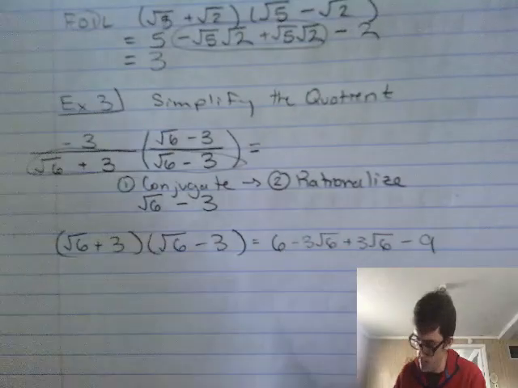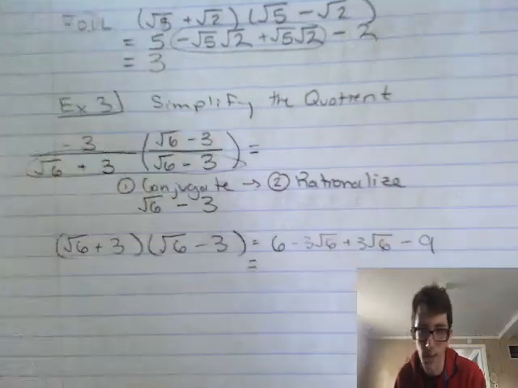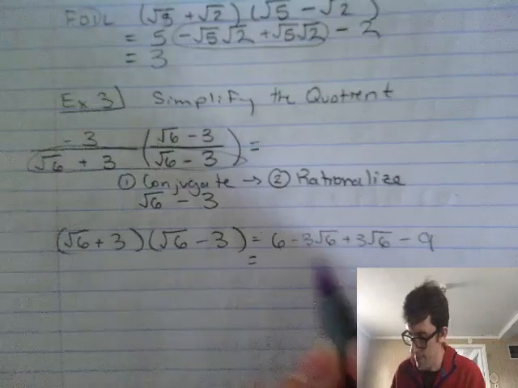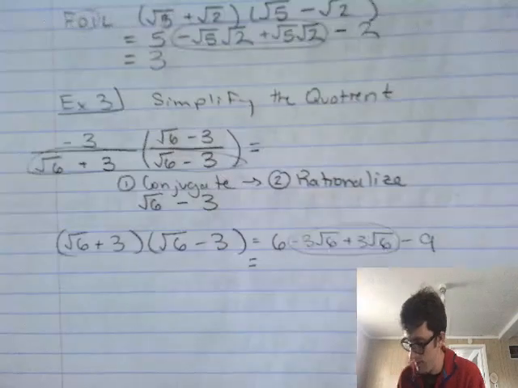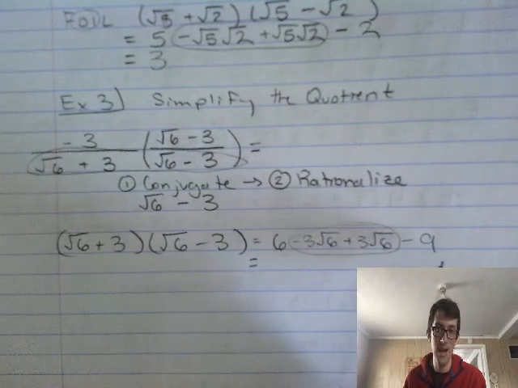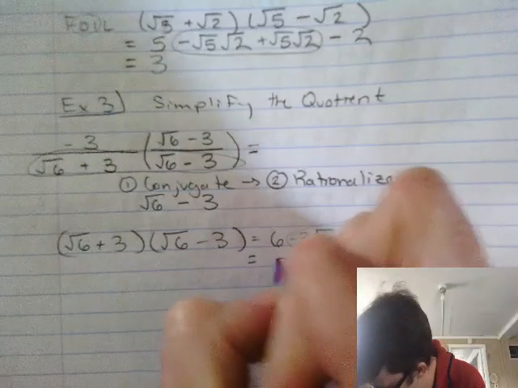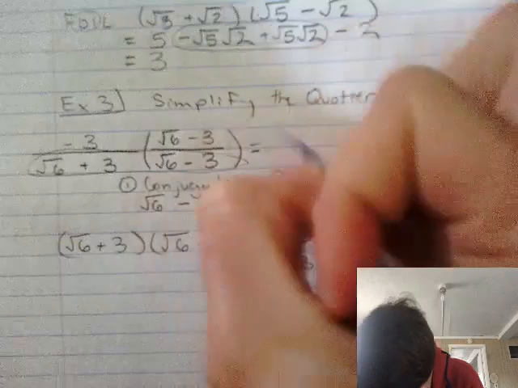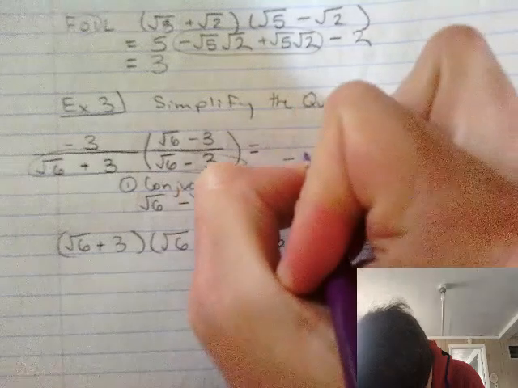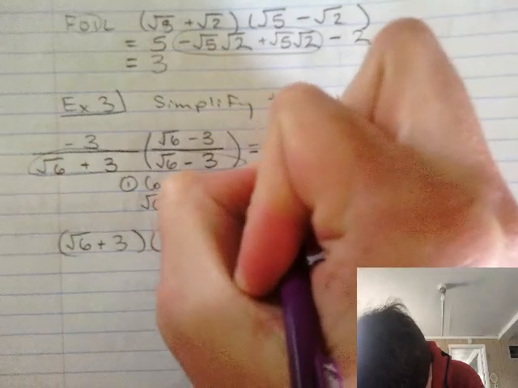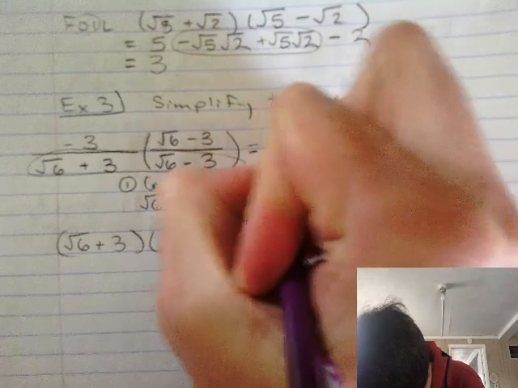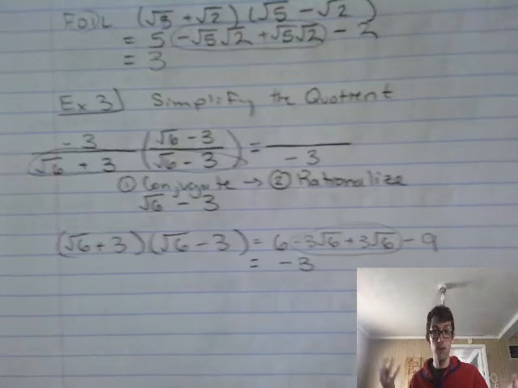Okay. So we can come back to here and start thinking about simplifying this. This is 0. 6 minus 9 is -3. So up here, we will have a negative 3. All right.